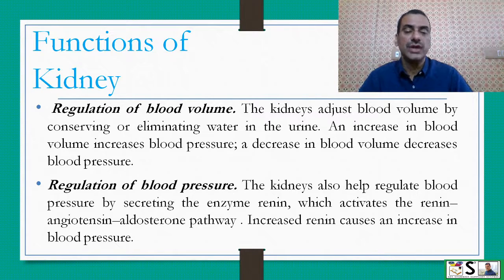The kidneys also help to regulate blood pressure by secreting enzyme renin, which activates the renin-angiotensin-aldosterone pathway. Increased renin causes an increase in the blood pressure. About renin-angiotensin-aldosterone pathway we will discuss in the next lecture. You must watch that also.